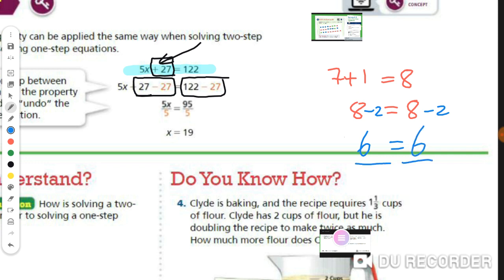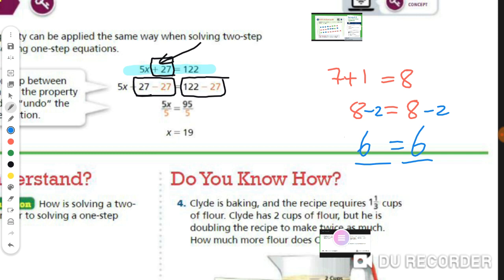So the equation is still balanced. So in an equation, if you subtract something from the left-hand side, you must subtract it from the right-hand side. If you divide by any number on the left-hand side, you must divide on the right-hand side.